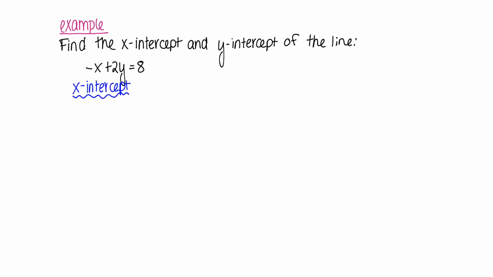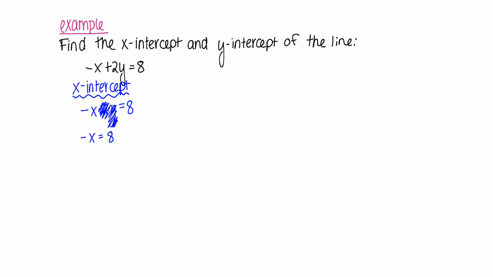For the x-intercept, because you're just going to make y equal 0, it's almost as if you can just pretend this part doesn't exist at all. So negative x plus 2y equals 8. If you're looking for the x-intercept, since you're plugging in y equals 0, you can just pretend that part doesn't exist, and you have the equation negative x equals 8.